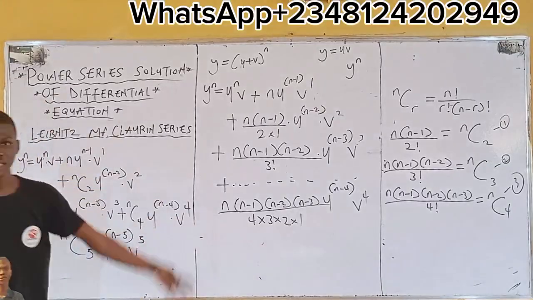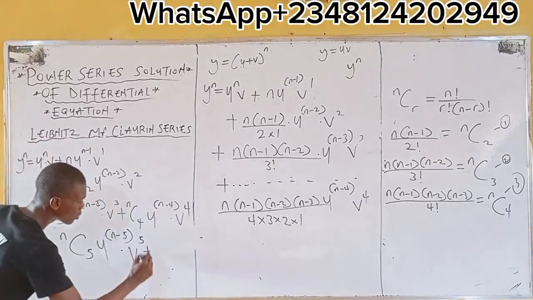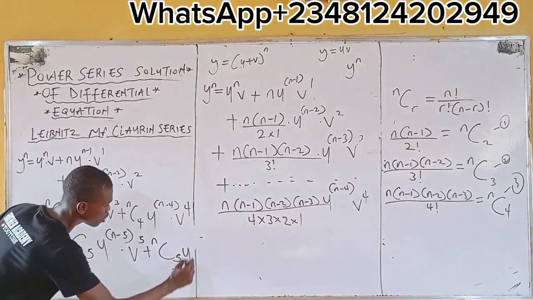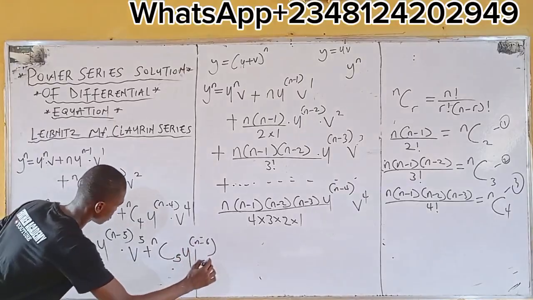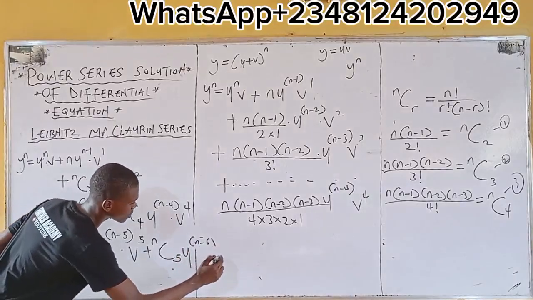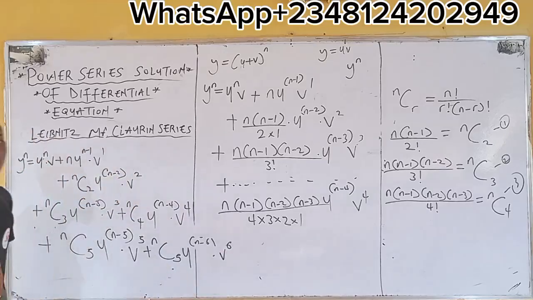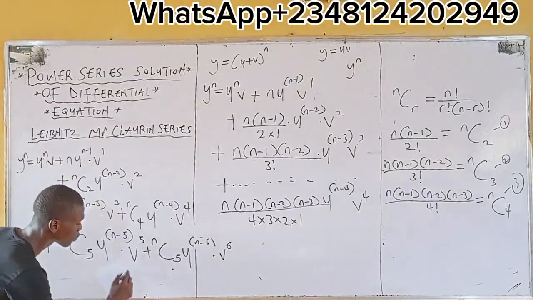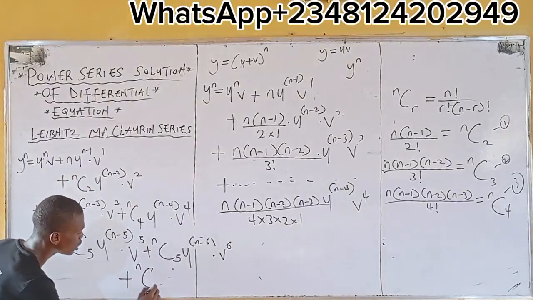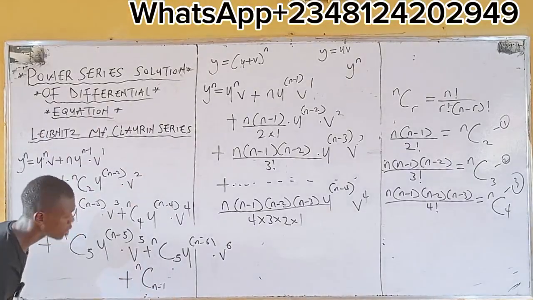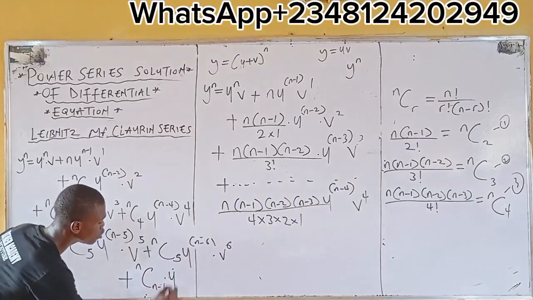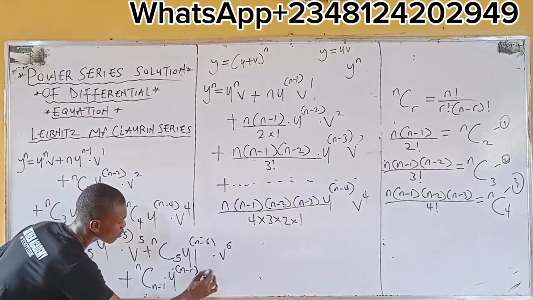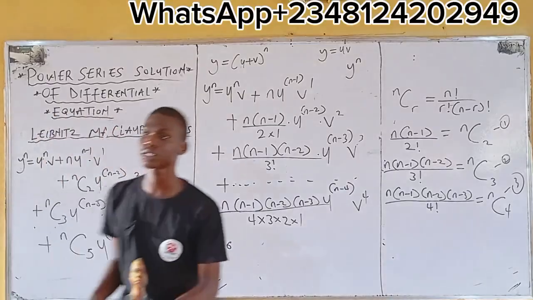Meaning the sixth power, it becomes plus n combination 6, multiplying u all raised to the power of n minus 6, multiplying v raised to the power of 6. Meaning it keeps going, right? So you can just generalize it as plus n combination r, multiplying u all raised to the power of n minus r, multiplying v all raised to the power of r. So that's what we are saying.